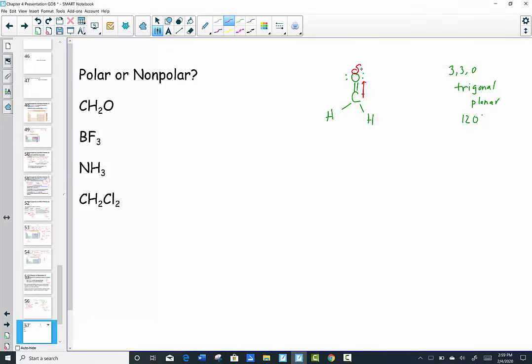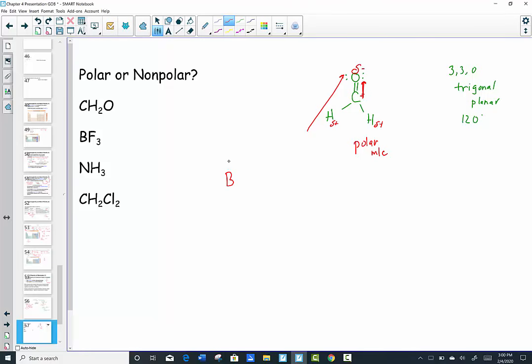This is a very rich region of electron distribution, making these hydrogens partially positive, right? The entire electron draw is up towards the very electronegative oxygen. So this indeed is a polar molecule, and it has a polar bond between the carbon and oxygen.